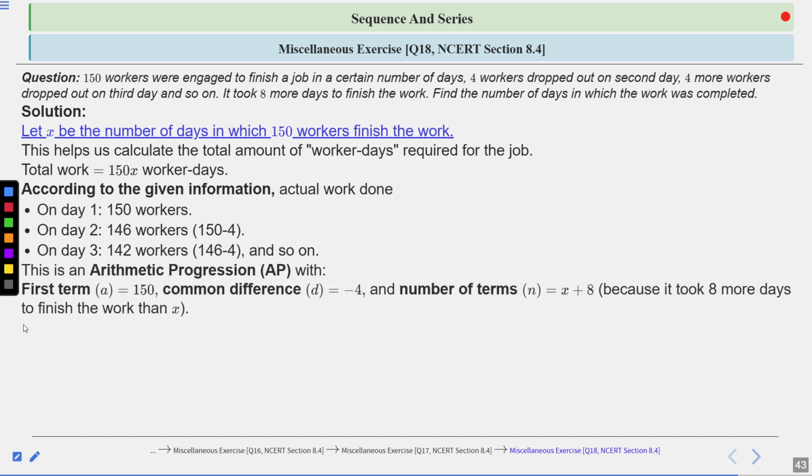This is an arithmetic progression, AP, with first term a equal to 150 and common difference d equal to minus 4, and the number of terms n is equal to x plus 8, because it took 8 more days to finish the work than x, right?